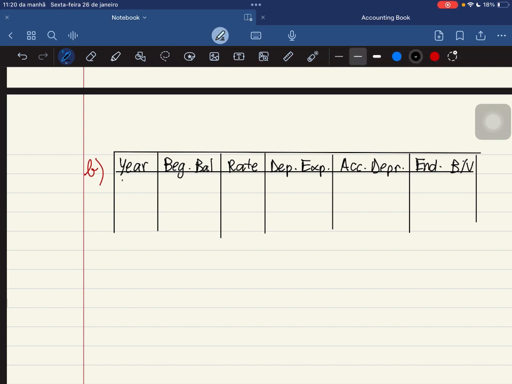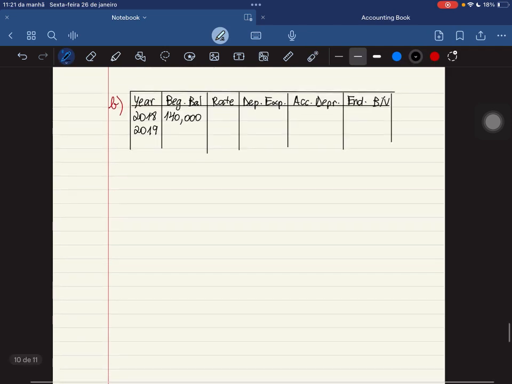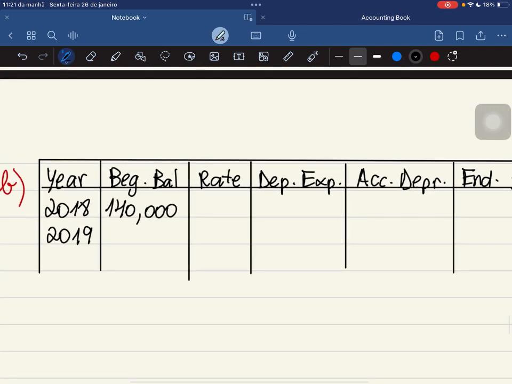They just want to know for the years 2018 and 2019, right? The beginning balance is going to be, again, the cost. The cost was 140,000. Since we're dealing with declining balance, we're going to be using the same rate, the one that we calculated, which is 0.5, sorry. So for both years. Okay?